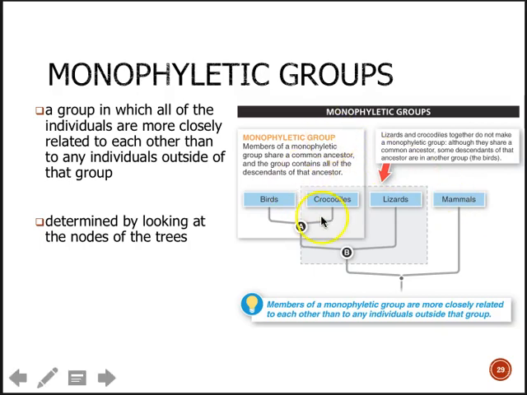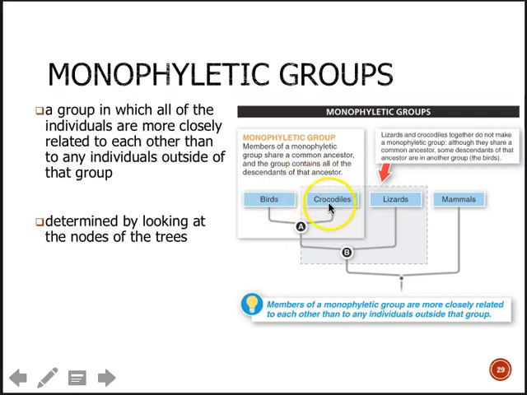So if we're looking at mammals, lizards, crocodiles, and birds, and we look at this phylogeny, it says that birds and crocodiles share a common ancestor right here, and that lizards share a common ancestor with the group birds and crocodiles. You might start to see something really confusing, because what this phylogeny is saying is that crocodiles and birds are a monophyletic group.